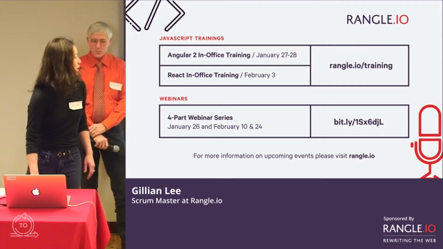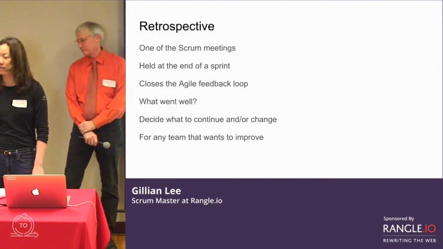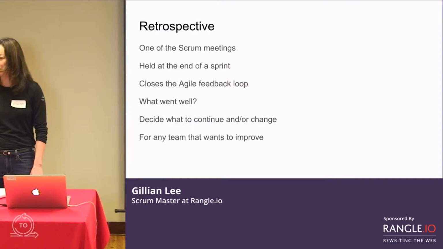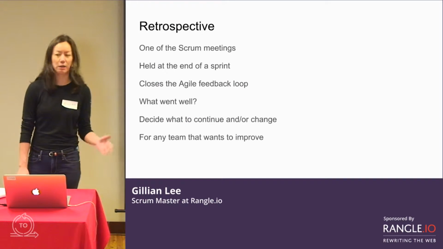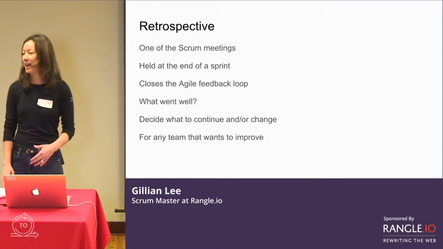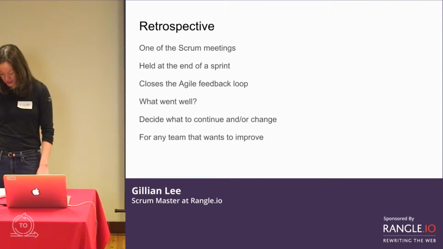Okay, so what is a retrospective? A retrospective is a Scrum team meeting. As you likely know, it occurs at the end of a sprint, right after the sprint review and before the planning. It closes the Agile feedback loop.